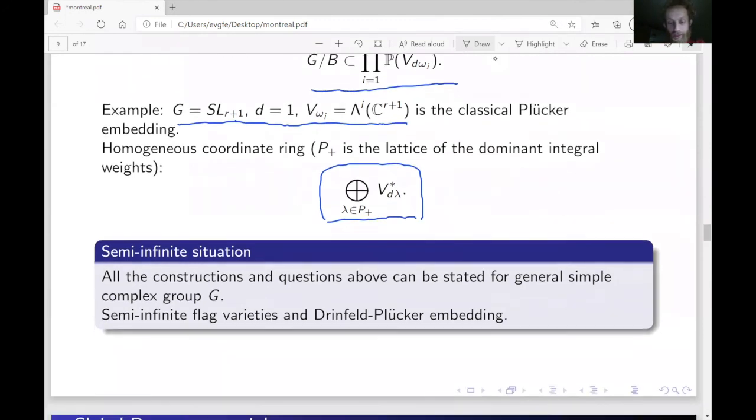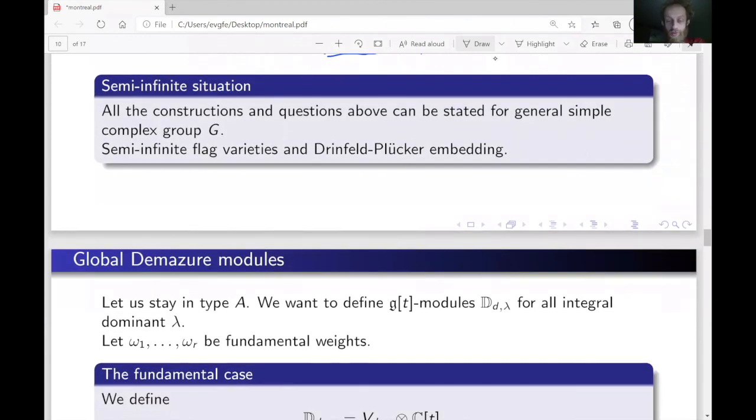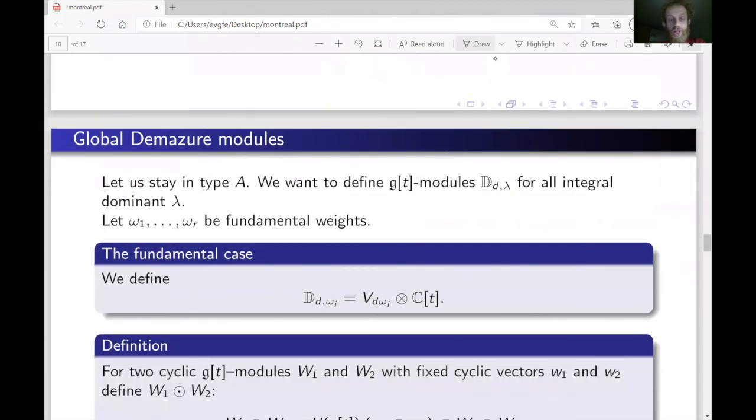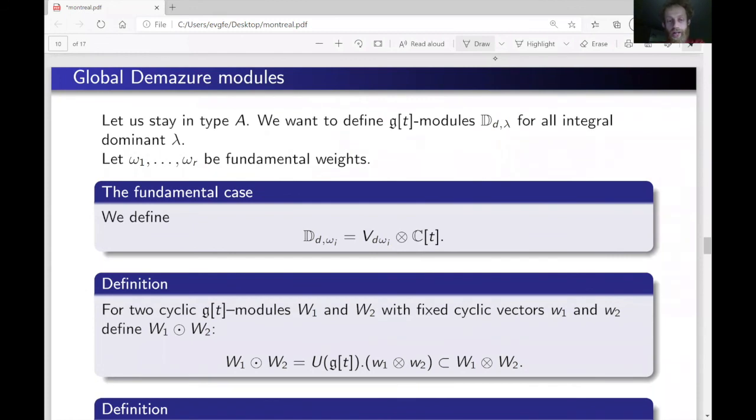Okay, so let us return to the representations of the current algebra, which are of importance here. In order to simplify the exposition, I'll stay in type A, although this is not very important. The general type case can also be described, but some extra care is needed.